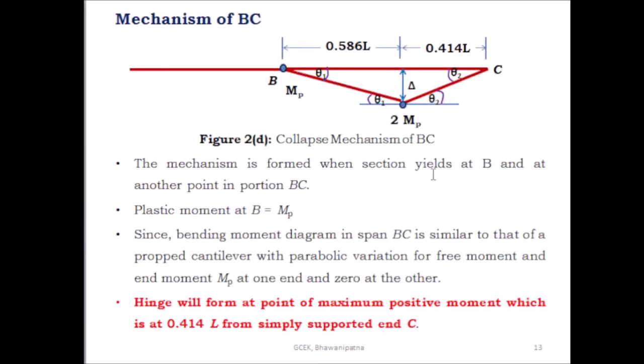Here you find out the relation between delta and theta 1 and theta 2. So here this length is 0.586 L and this is theta 1. So 0.586 L into theta 1 is equal to delta, which is equal to 0.414 L into theta 2.